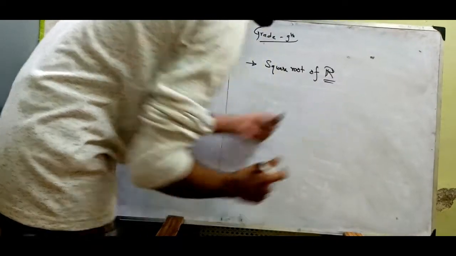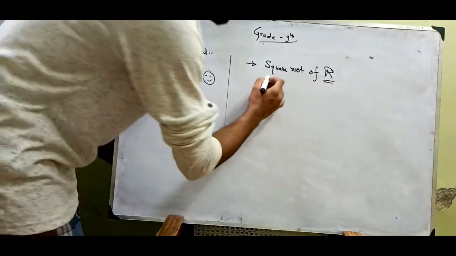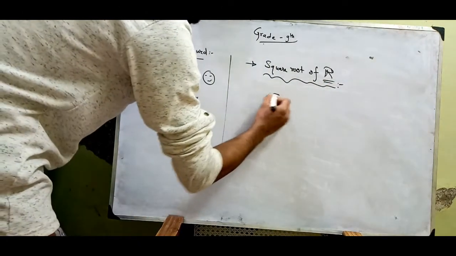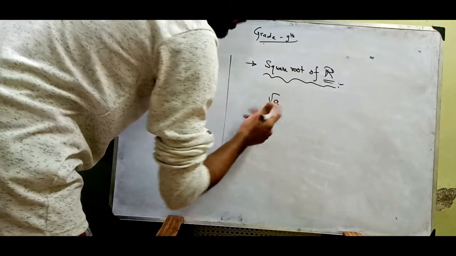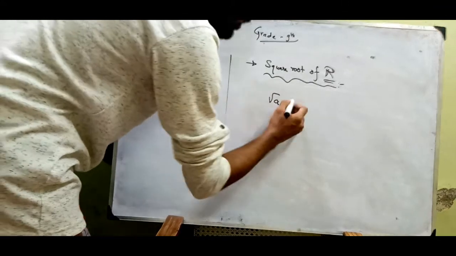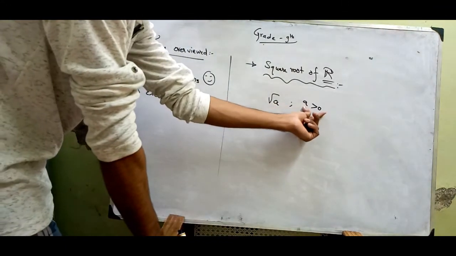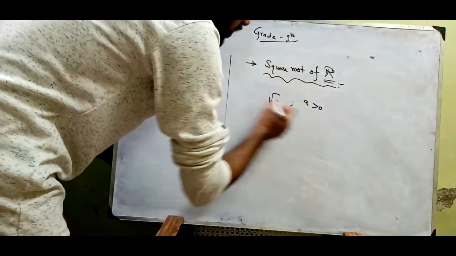Whenever I use the notation capital R, it means a real number. So the square root of a real number is root A, but A should be positive. It should not be negative. Here is the square root of the real number.